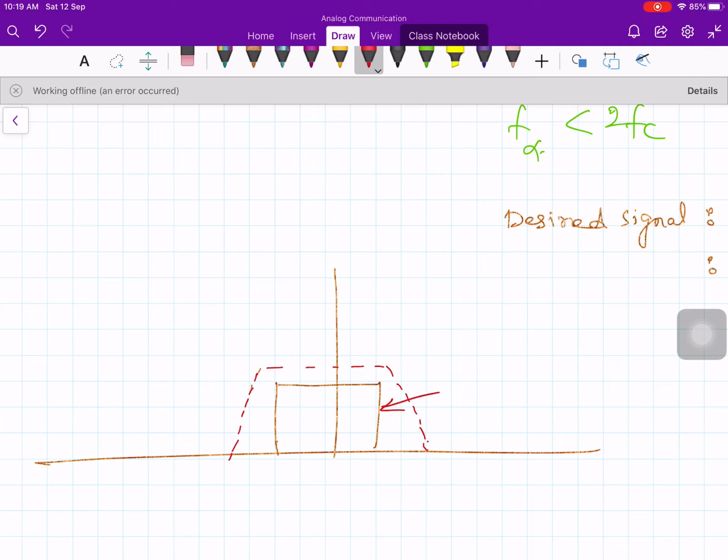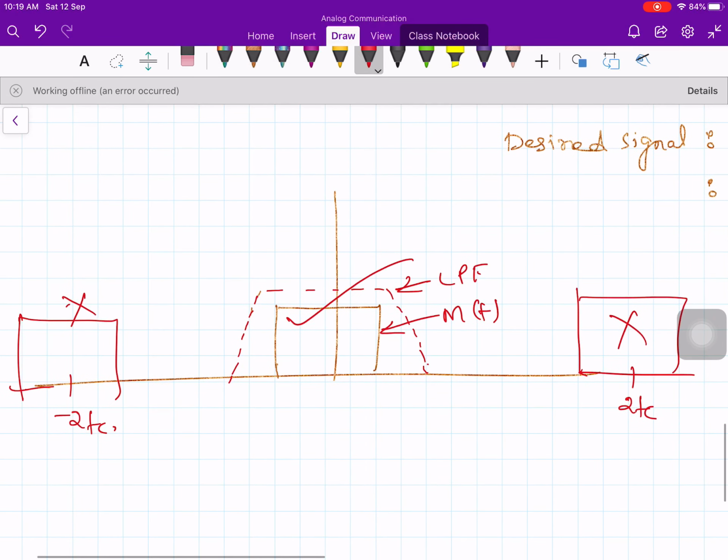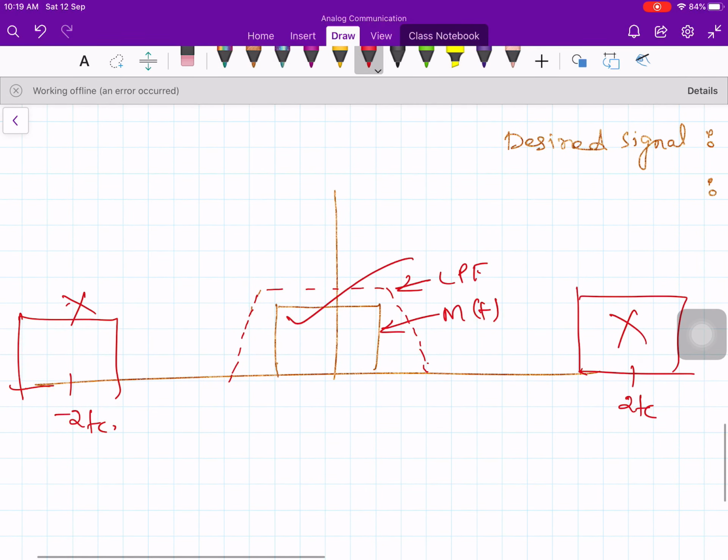This one is M of f and this one is a low pass filter, and somewhere sitting your 2fc, and this side somewhere sitting around minus 2fc. So this portion will be eliminated and this also will be eliminated. Only this is passed through the low pass filter. Okay. So minus b to plus b is the desired component.